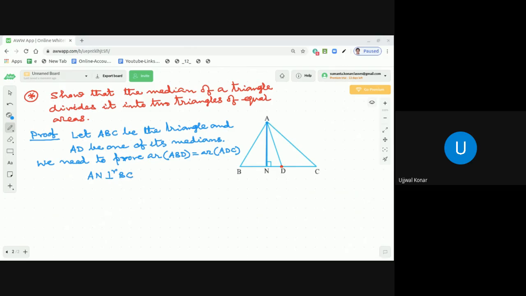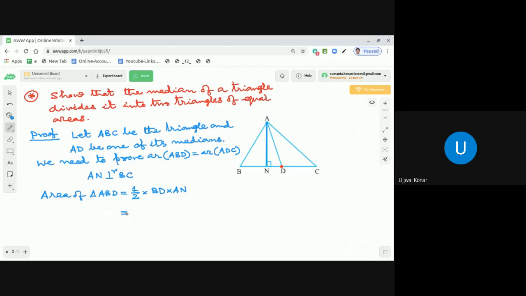Now let us find the area of the triangle ABD. Area of the triangle ABD is equal to half into base BD into altitude AN. Correct, dear students? Do you agree with whatever I have written so far?